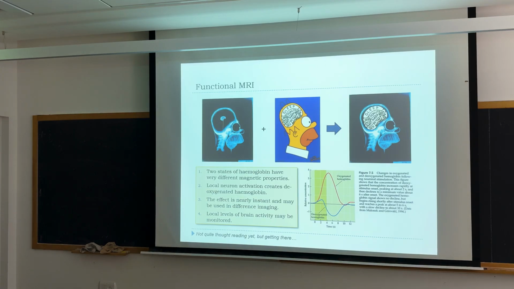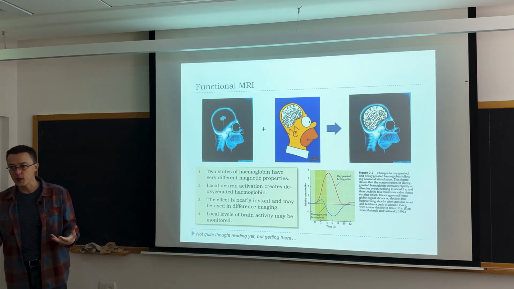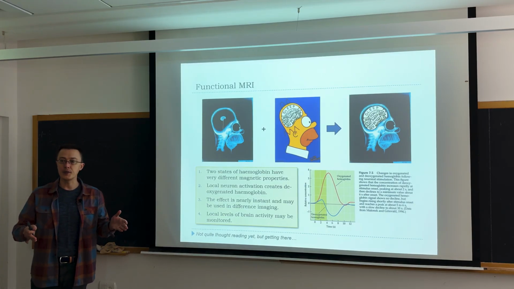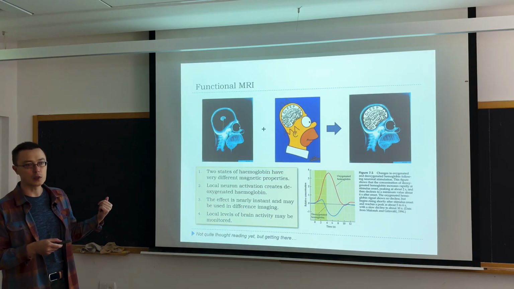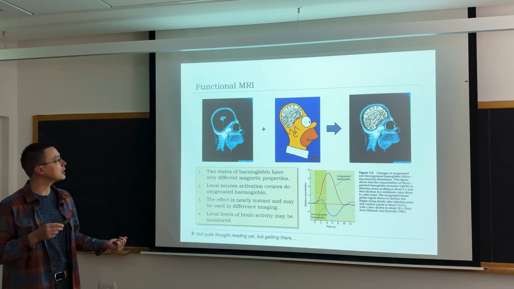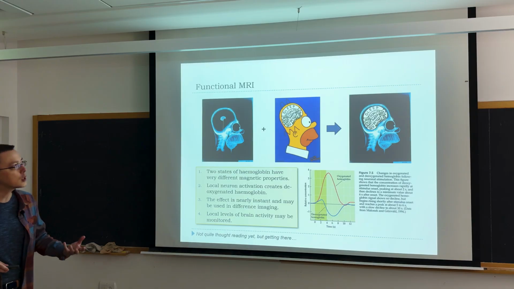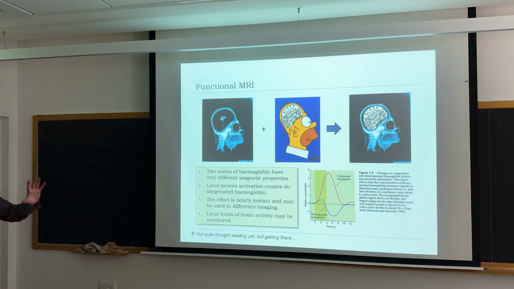What will happen locally is oxygen will be consumed by the part of his brain that's responsible for donut perception, with the result that the local blood vessels will be dilated, the local blood flow will be increased, the local magnetic properties will change, and then you do the anatomical image, and then you do the functional image, you overlay it, and you know exactly which part of his brain is responsible for thinking about donuts. And this is currently a hot topic because, well, it's not quite reading thoughts yet, but at least you know which part of the brain is responsible for what.